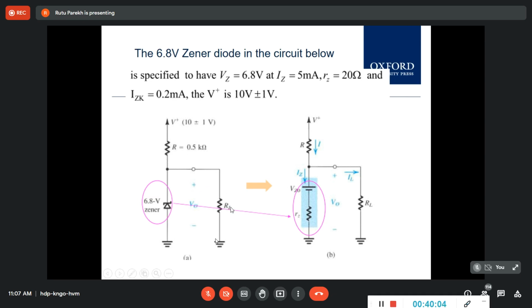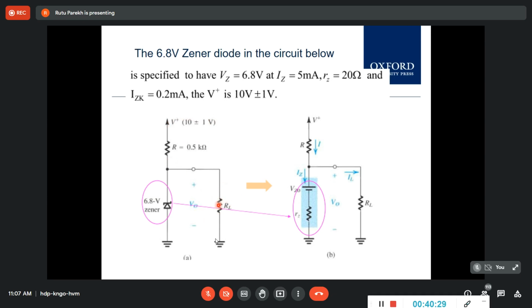So this load RL, in that example that I showed you, it was an LED, right? But this is a circuit. It can be your phone charger, your TV, your refrigerator, any load. And you want to protect that against the fluctuations that are happening here. So across this, recall that LED I just showed you.